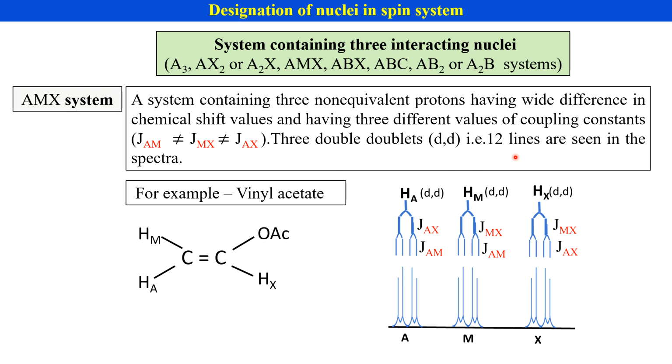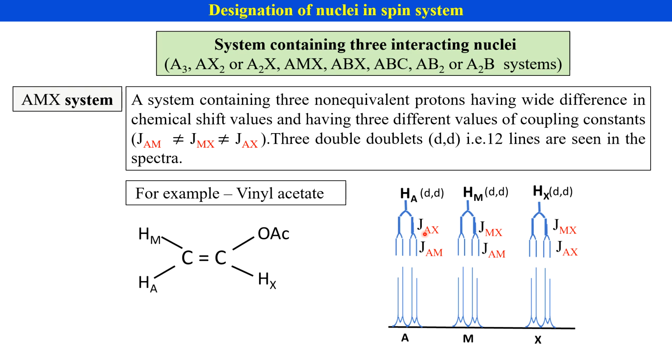For example, vinyl acetate. In vinyl acetate, there are three sets of protons A, M and X. The A proton couples with X, we get a doublet. Again the A proton couples with M, and each line of the doublet is again split into two lines. Therefore, we get a double doublet in the spectra.